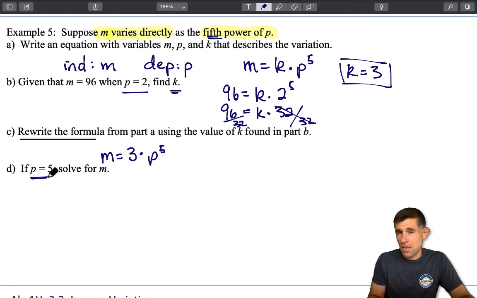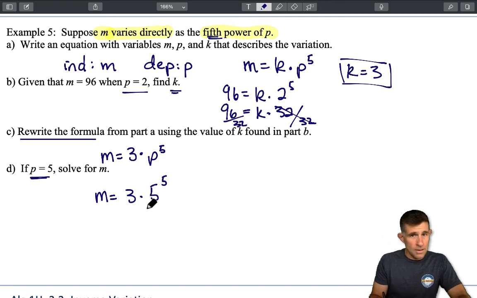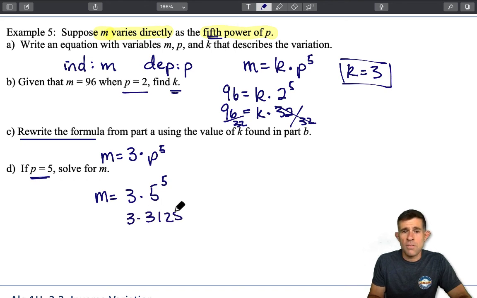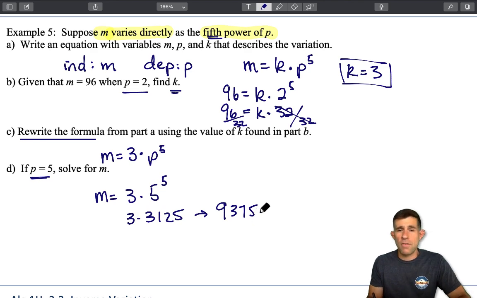Now I want to solve for m when p is 5. So m should be equal to 3 times 5 to the fifth. Again, following the order of operations, I need to do 5 to the fifth first. That's going to give me 3,125. And now when I multiply 3 times that, I should end up with 9,375 for my value for m.